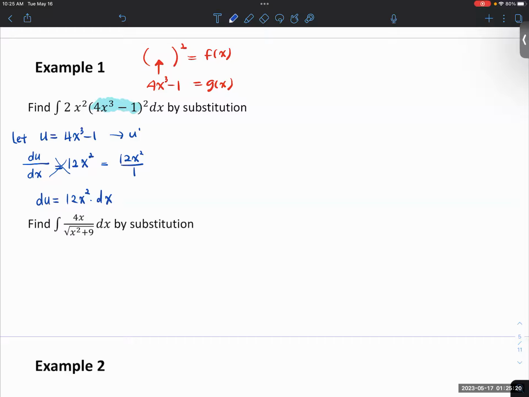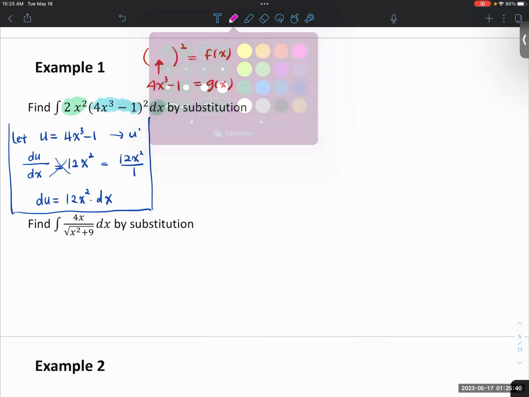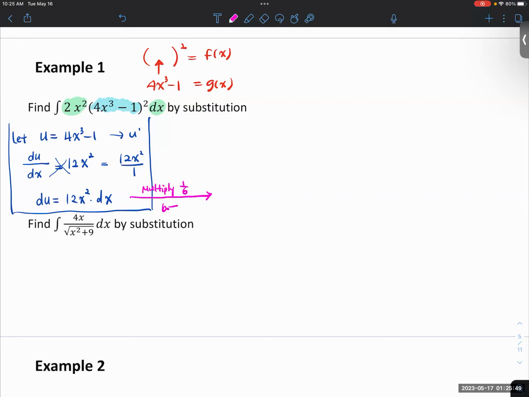Are you guys okay? So here we used the u substitution method. And then let's look at this. This 2x to the second times dx also needs to change in terms of the u variable. So we're gonna modify it a little bit. Watch me. Here, what if you multiply 1/6 on both sides?